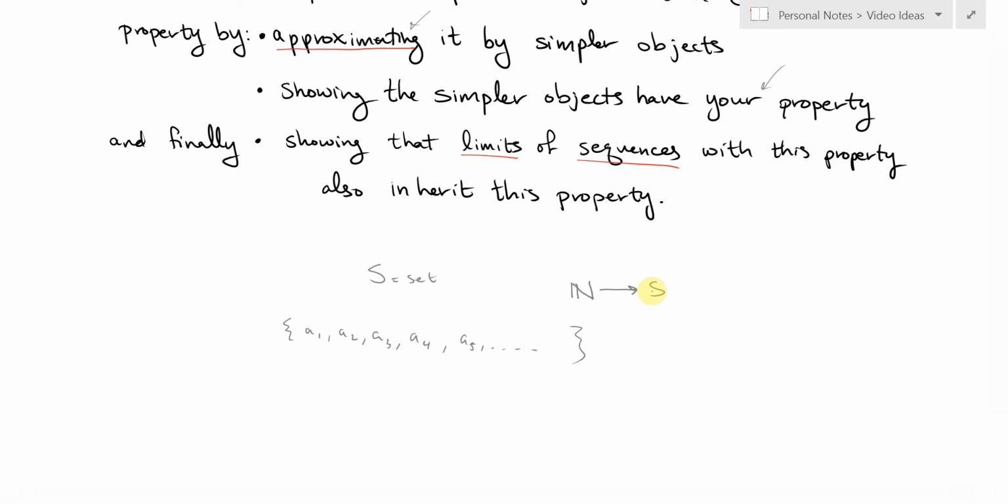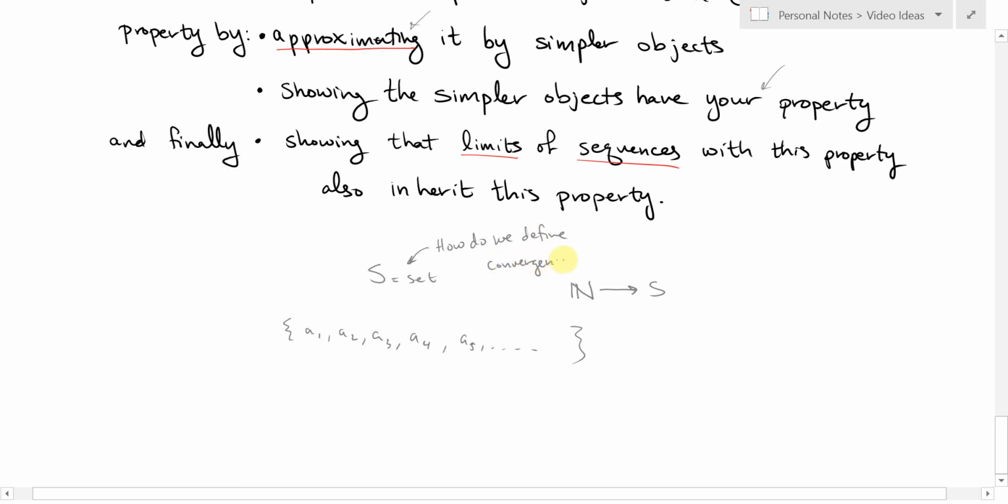What we want is to have some notion of this idea that a sequence can converge in a given set. So you can't do that with an arbitrary set. You have to worry about how we define convergence of sequences in our set.